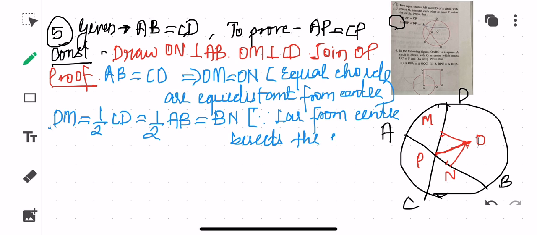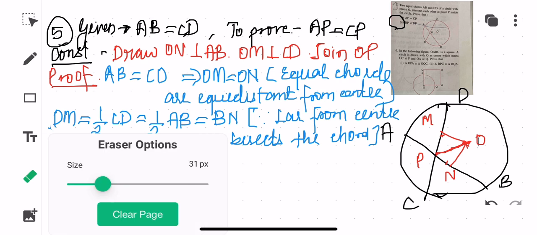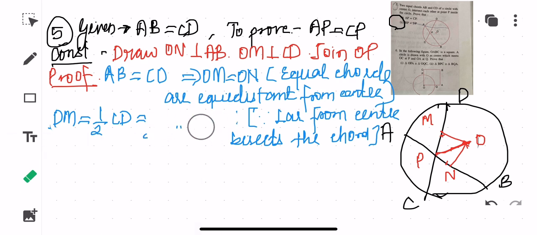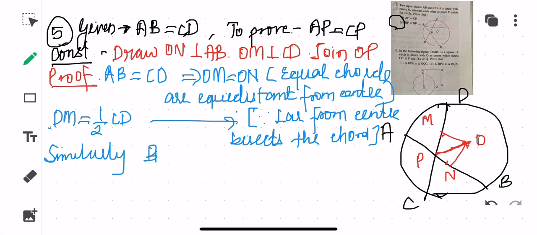Okay, so if the perpendicular is bisecting, then DM will be equal to half of CD and BN will be equal to half of AB. Or else if you want, you can just write it here only this much. In the next line I will be writing, okay, this is the statement for this, and then you will be writing down similarly BM is equal to half of AB.